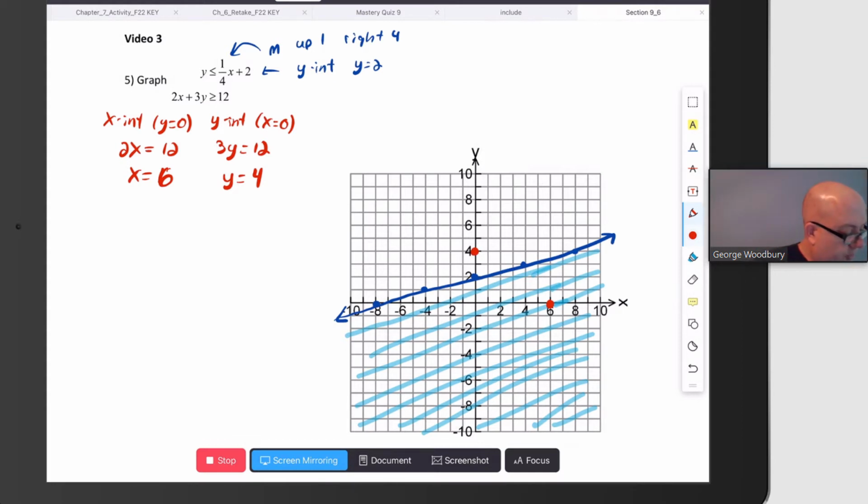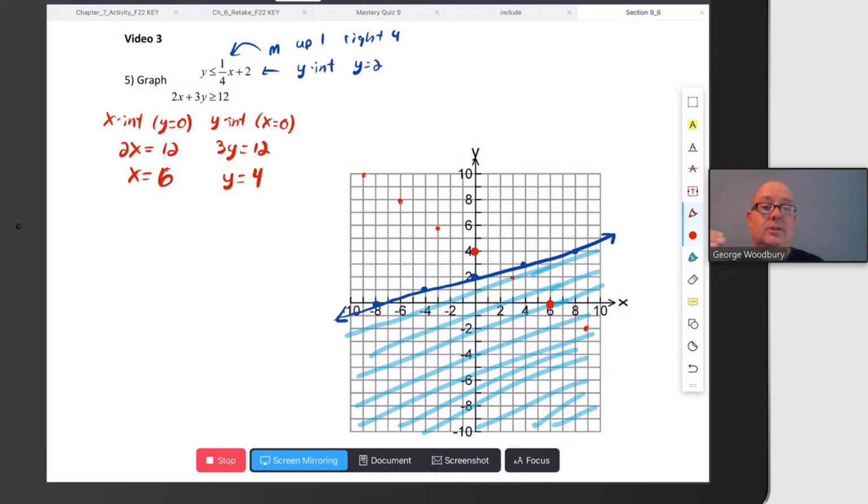And I'm going to add a few more points that I know are on the graph just to make it a little easier for me to keep these straight. I know that the slope is actually negative 2/3. So I'm drawing this so it goes 3 to the right, down 2. Something like that.